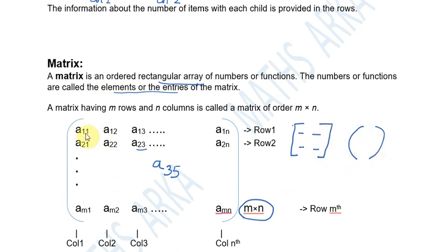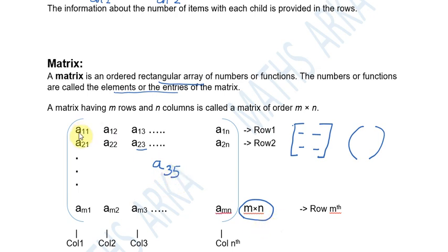Whatever is the content of a matrix is called elements or entries, and they have two subscripts. The first subscript is for which row it belongs to, the second one is for which column it belongs to. So A35 belongs to the third row and fifth column.